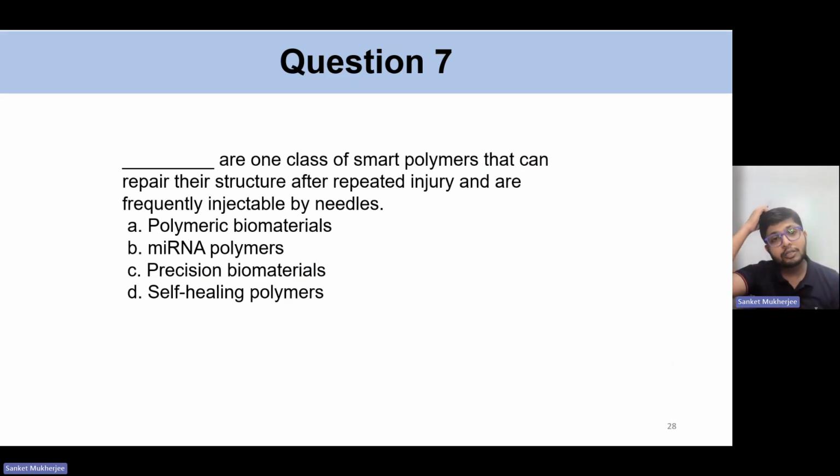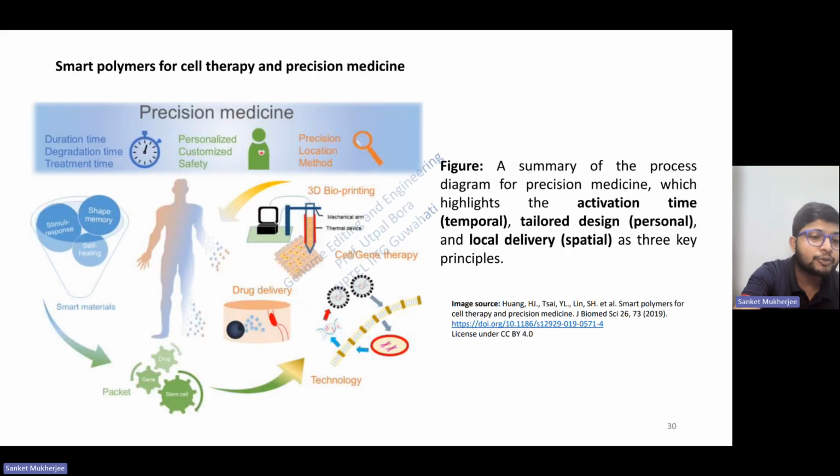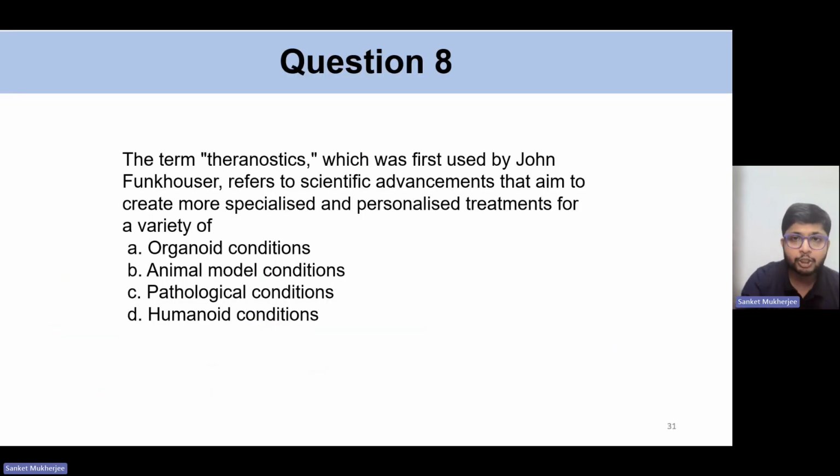And then we talked about question number 7, that self-healing polymers are one class of smart polymers that can repair the structure after repeated injury and are frequently injectable by needles. We talked about smart polymers, which can remember their shape, which can, of course, self-heal, or have some other potential applications.